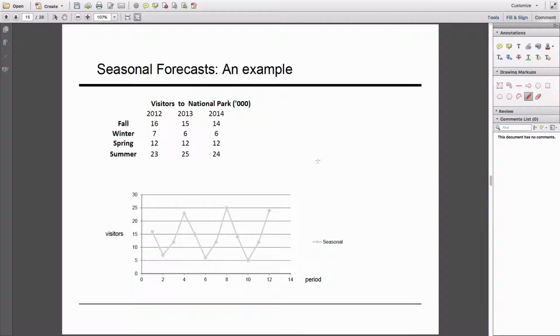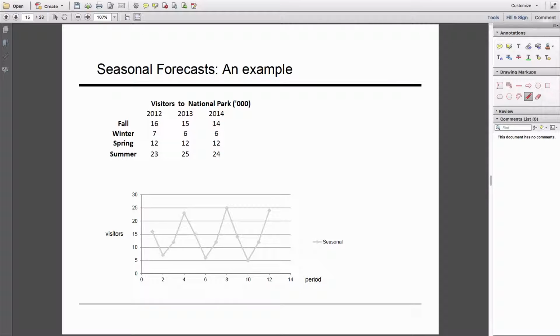In this example, you see visitors to a national park in thousands. The data comes from years 2011, 2012, and 2013. And you see that there are 4 seasons of the year, and the data is compartmentalized in those 4 seasons, right? Fall, winter, spring, and summer. And we have the data for 2012 fall, 2013 fall, 2012 winter, and so forth.